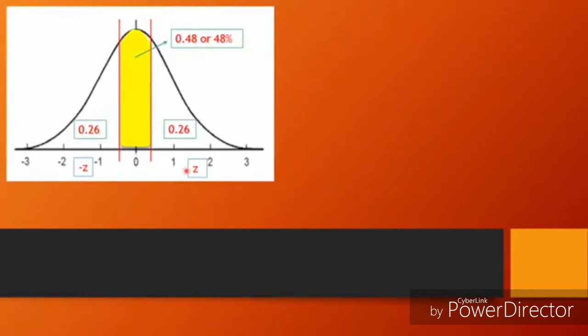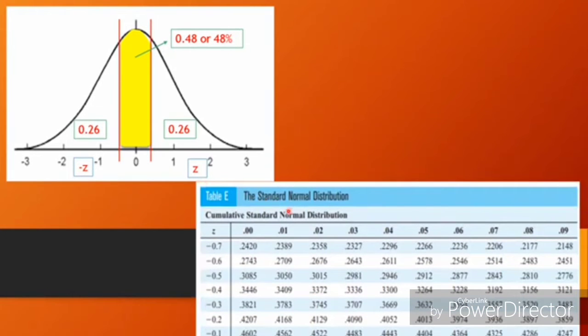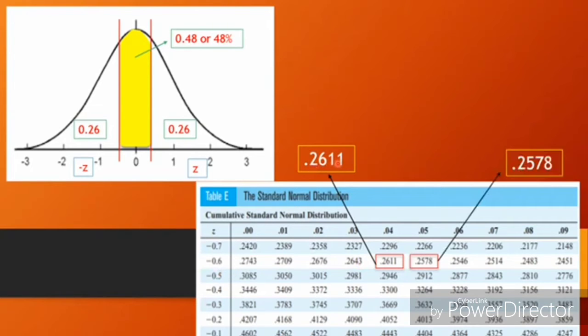To find the values of the two z, which are the negative and positive, we will just see the standard normal distribution table. First, what is the closest to 0.26? Which is 0.2611 and 0.2578.